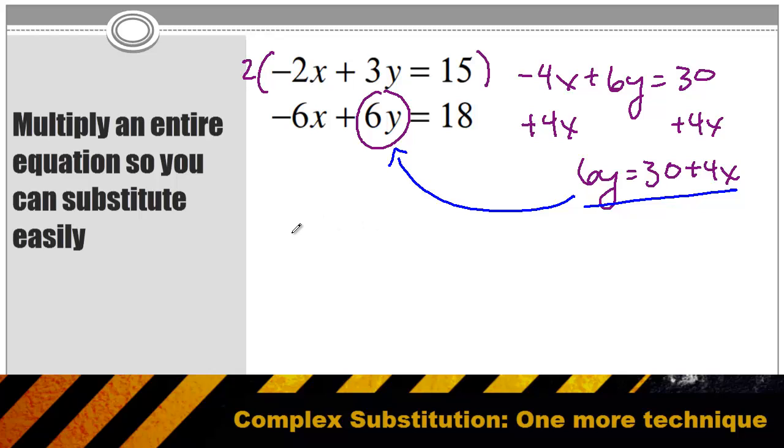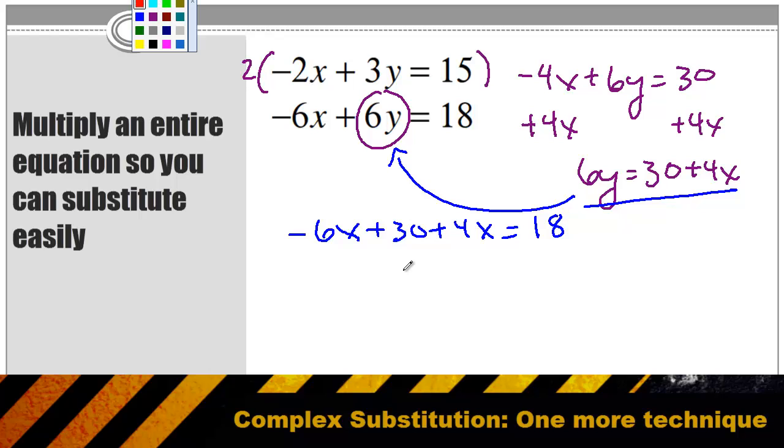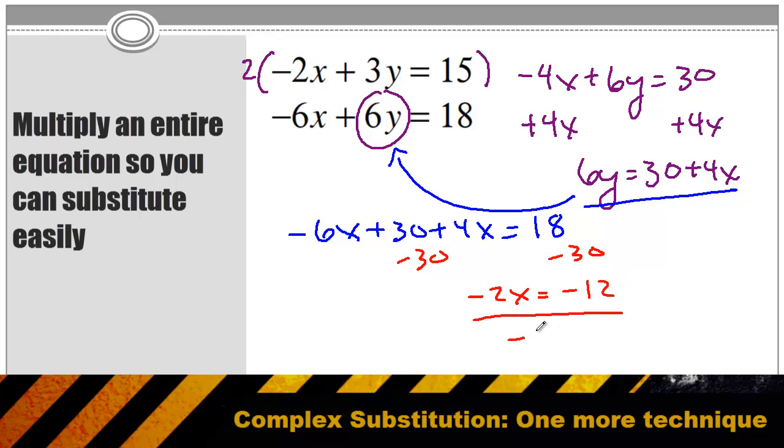So that equation becomes negative 6x plus 30 plus 4x is equal to 18. I combine my x's and subtract 30 from both sides, and I get negative 2x is equal to negative 12. Or, dividing everything by negative 2, I get x is equal to 6.